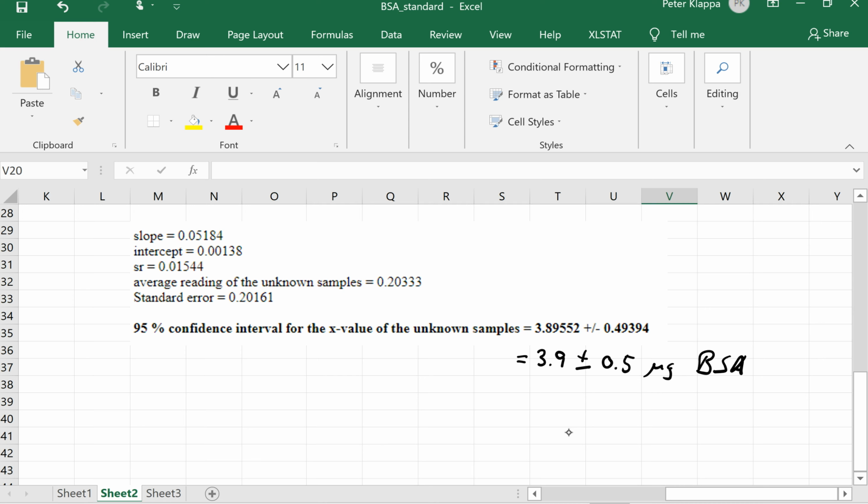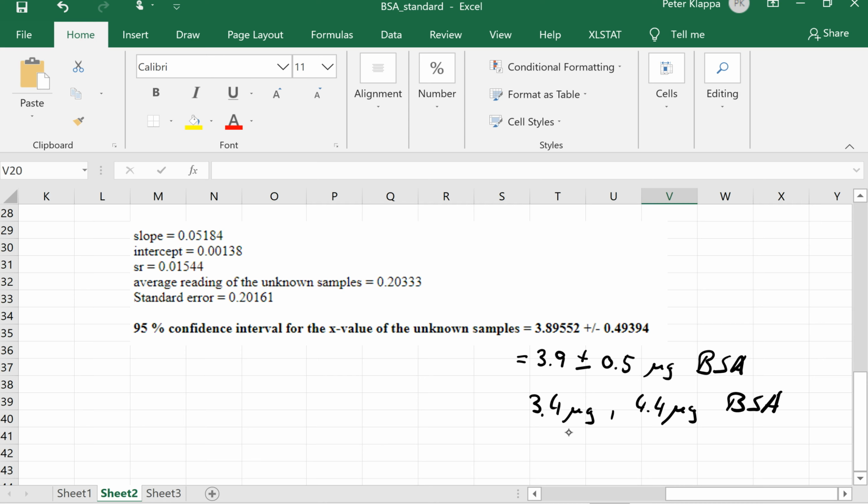So we believe that the true value for our reading is somewhere between 3.9 minus 0.5, that is 3.4 microgram, and 3.9 plus 0.5, so that would be 4.4 microgram of BSA.